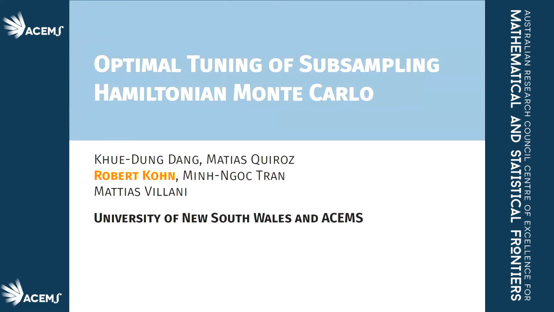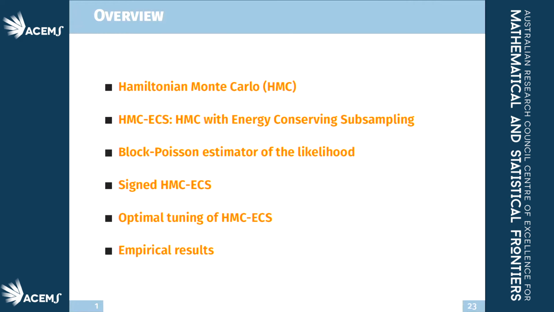And I'll explain what sort of things we're covering. So the basic overview will be Hamiltonian Monte Carlo. I'll talk about Hamiltonian Monte Carlo with energy conserving subsampling, block Poisson estimation to get unbiased likelihoods, signed Hamiltonian Monte Carlo, optimal tuning, and some empirical results.